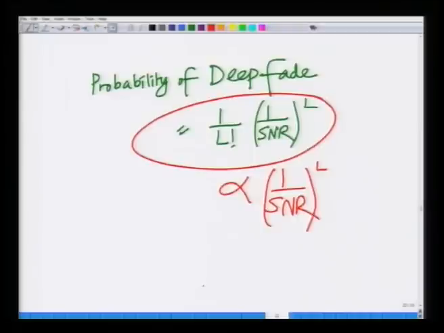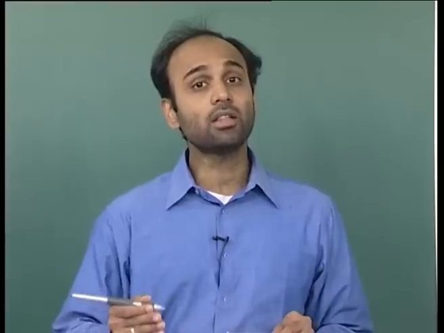Remember, in the wireless communication system with a single receive antenna, we said the bit error rate is proportional to 1 over SNR, and that is nothing but the probability that the system was in a deep fade. Now, we are saying that in a wireless communication system with L antennas, the probability of deep fade is 1 over SNR to the power of L. In fact, that is also the bit error rate, since bit errors occur essentially when the system is in a deep fade.